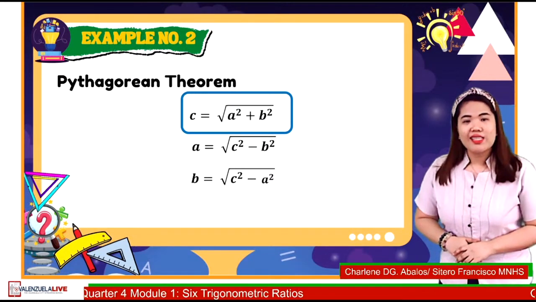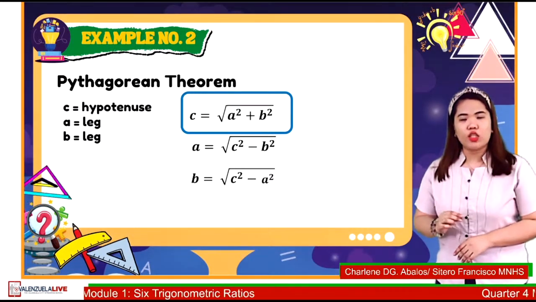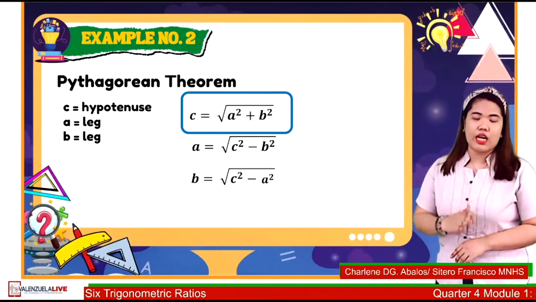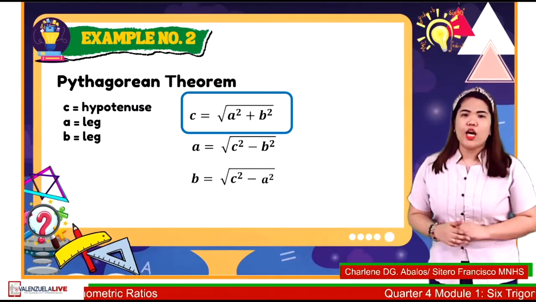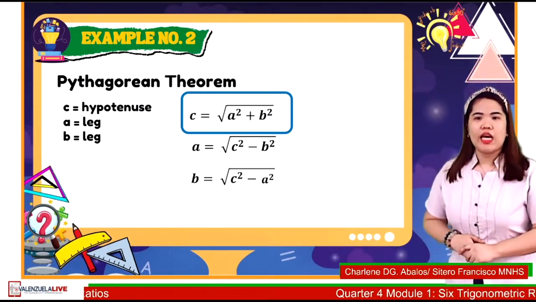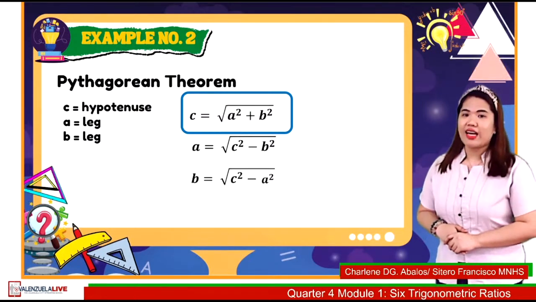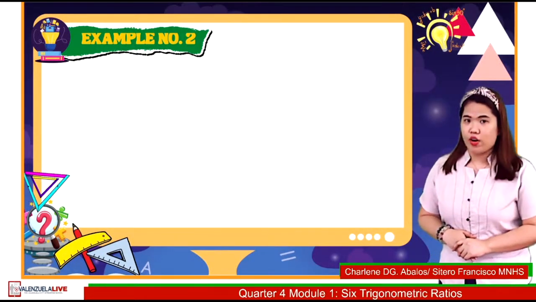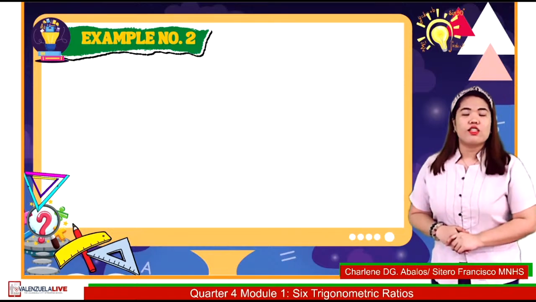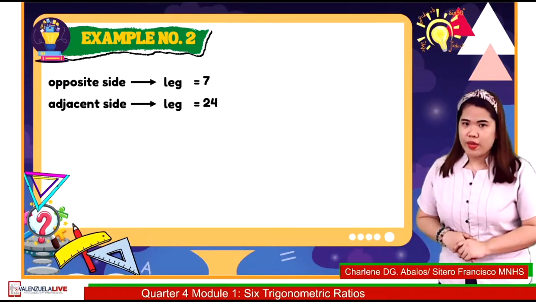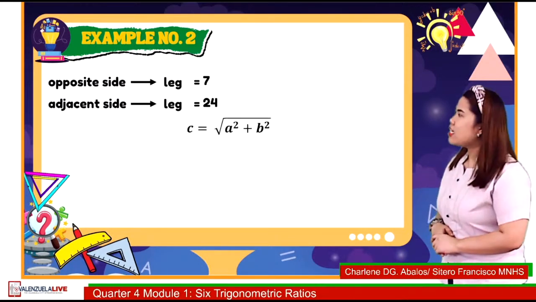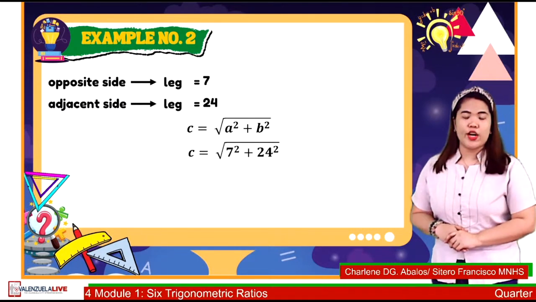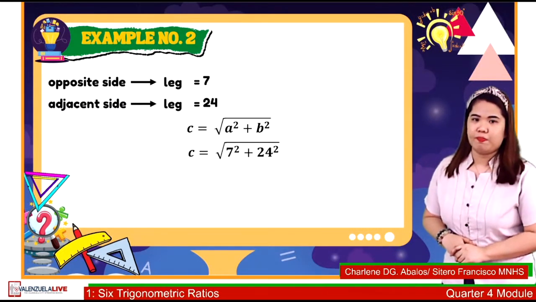As we all know, C is for the hypotenuse while A and B are for the legs of the triangle. Going back to the formula, the measures of the two legs are 7 and 24 respectively. Substitute: C is equal to the square root of 7 squared plus 24 squared.